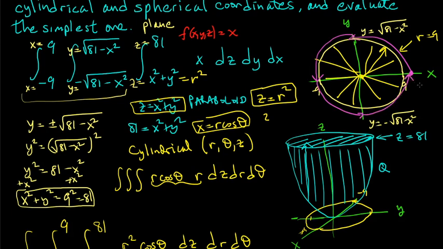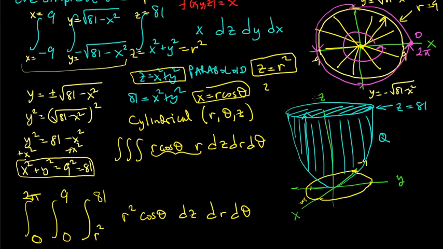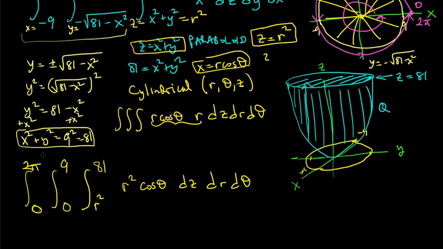If you want the whole disk, you have to go from 0 all the way around to 2 pi. So theta varies between 0 and 2 pi radians. Please don't use degrees here. There are some instances where you might want to switch to degrees, but I think we should be comfortable with radians here.